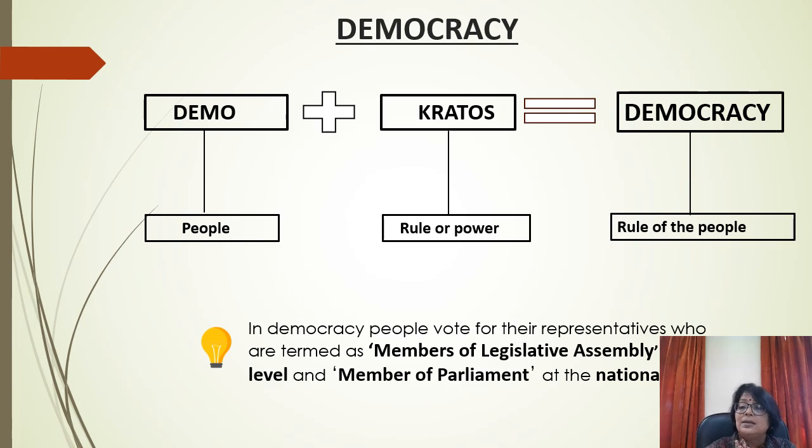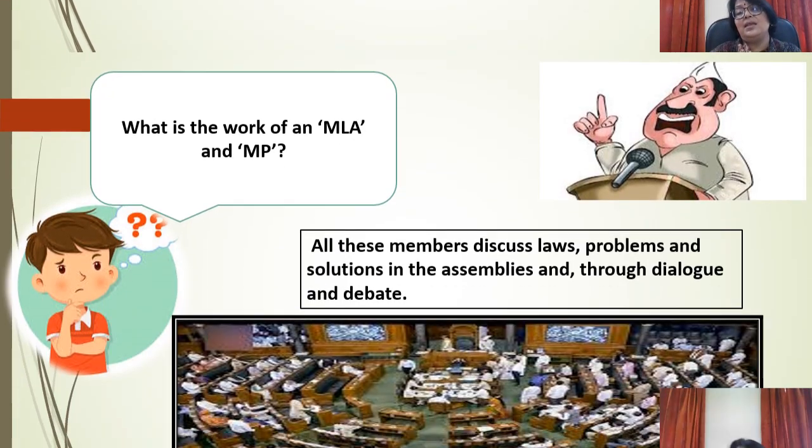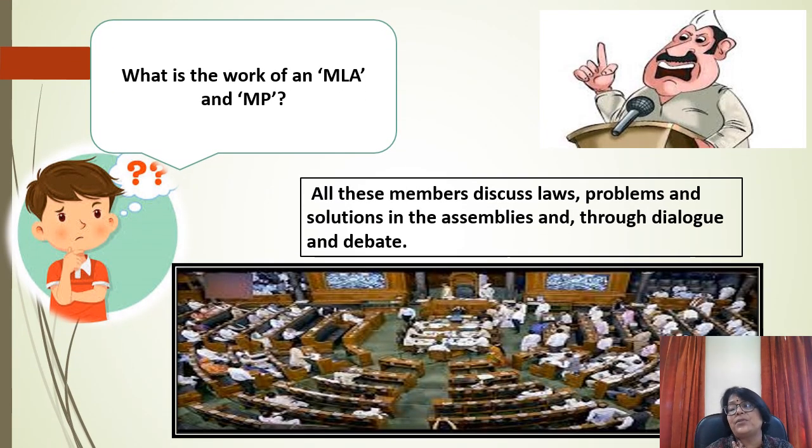But direct democracy is not possible because the population is too large and all the people cannot get involved in the process of lawmaking and its implementation. So we practice representative democracy.